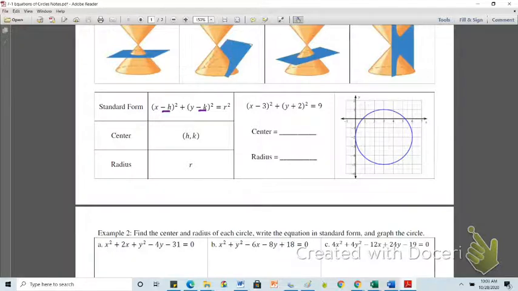So as you can see in my example, I already have the circle drawn. Your assignment today won't have the circle drawn, but we're going to put the information on so you can see what it looks like. So my center is going to be the opposite of these. So it's going to be 3, negative 2. So I would come over and I would plot my center.